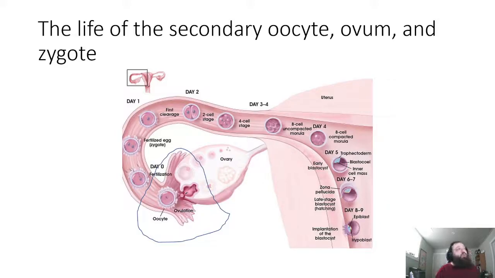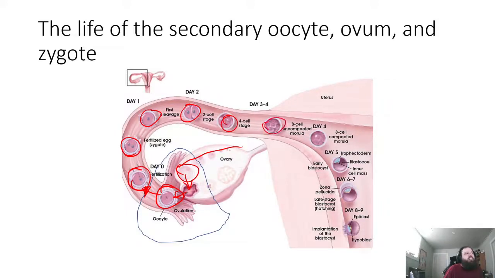So we're going to talk about this in a lot more detail later on, but basically I just want to show you the events of early development. What we were talking about in the previous lecture was the mature follicle here expelling the secondary oocyte into the fallopian tube. This will travel some length through the fallopian tube where it will encounter sperm, and if the sperm penetrate, you end up getting a fertilized zygote, which will then go through a series of developmental changes.